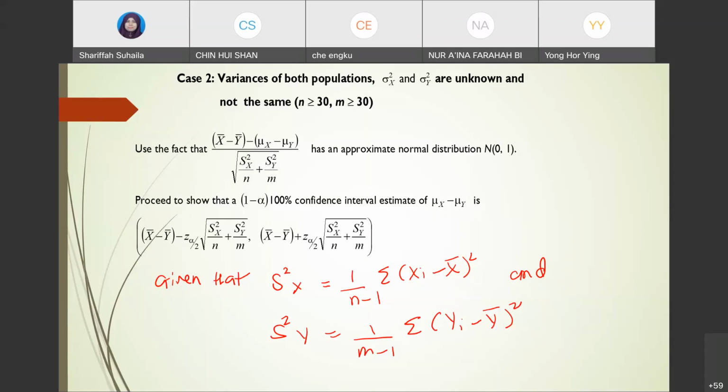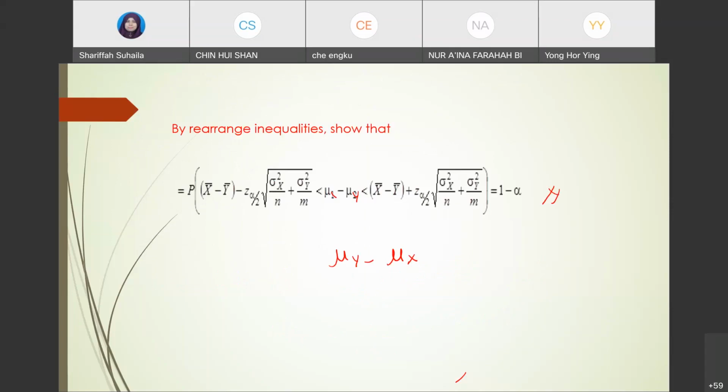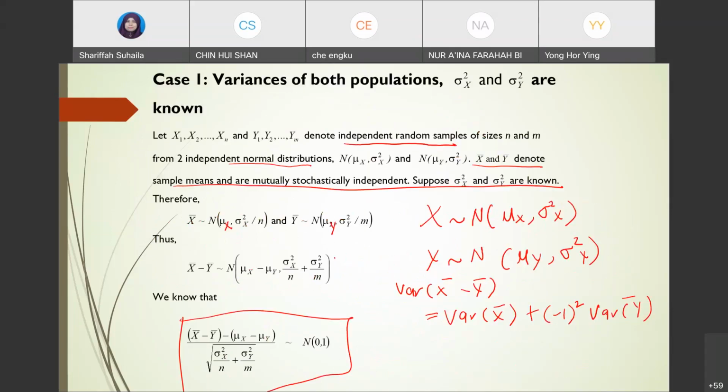So again, you can construct your confidence interval by writing our standard normal here. Instead, we have x bar minus y bar minus mu x minus mu y, divided by the square root of s square x and also s square y in this case.